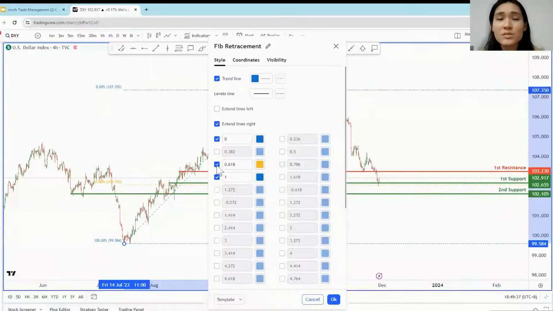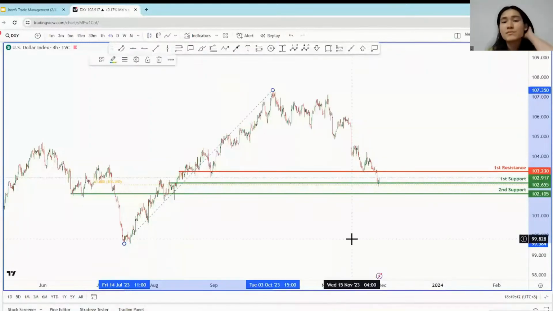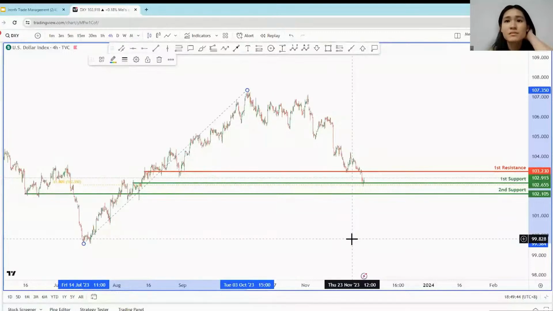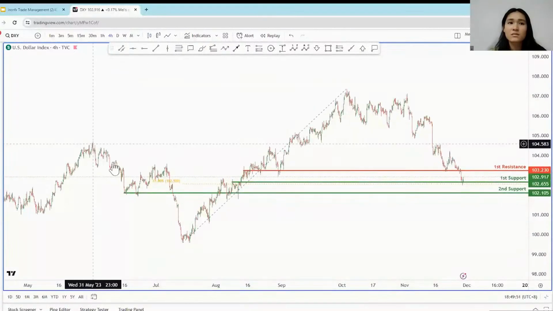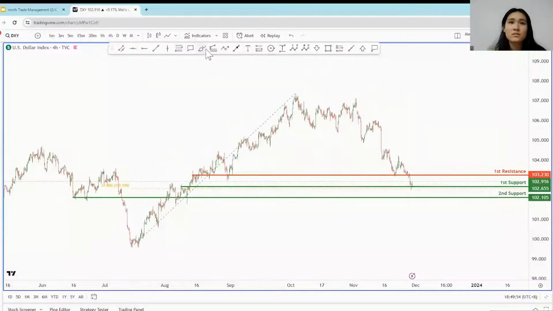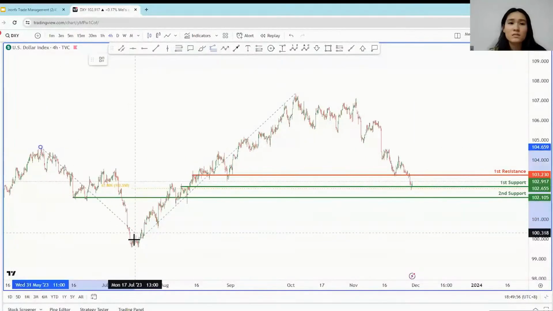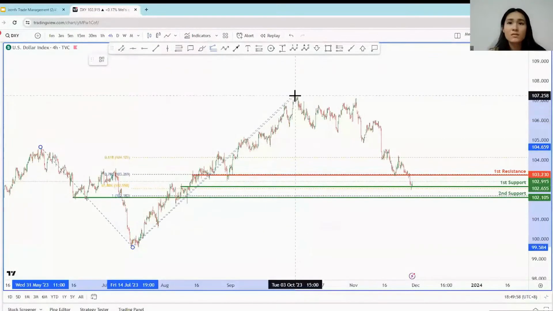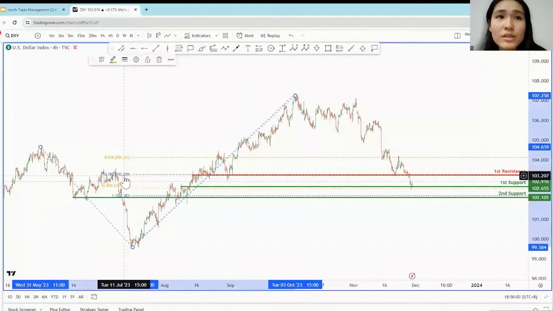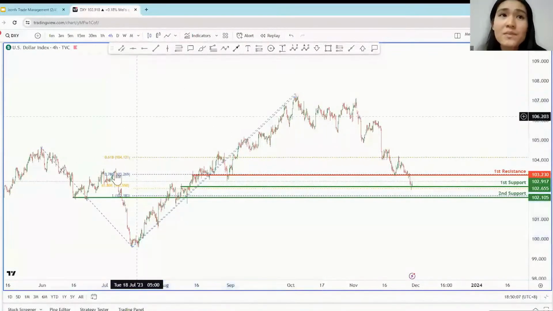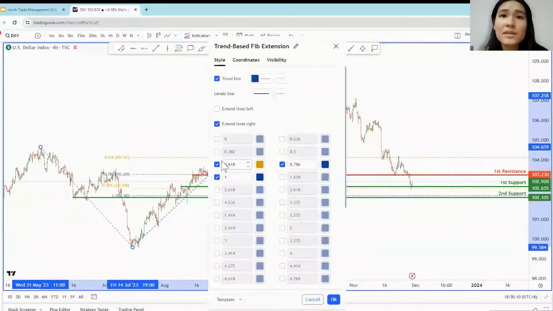Okay, so my 61.8 lines up. Okay, over here, 78.6 lines up, and so that's my 100%. So let's just keep that.